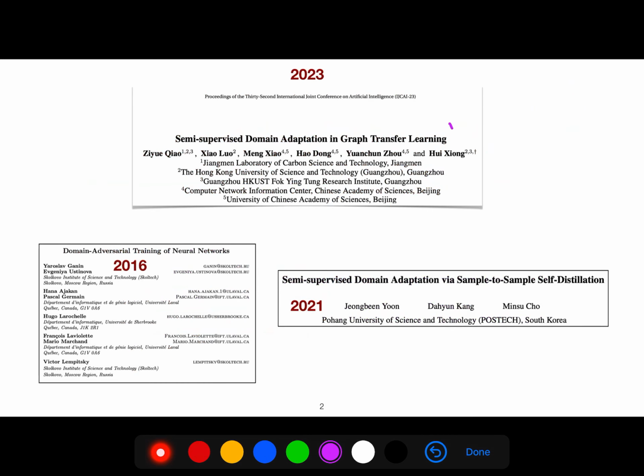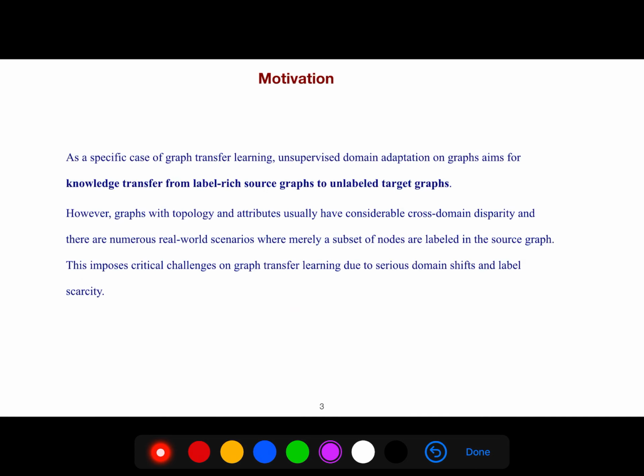So let's focus on this article in 2023. As a specific case of graph transfer learning, unsupervised domain adaptation on graphs aims for knowledge transfer from label-rich source graphs to unlabeled target graphs.